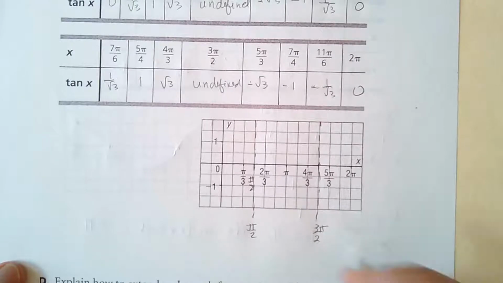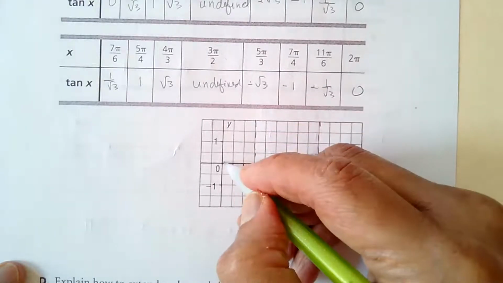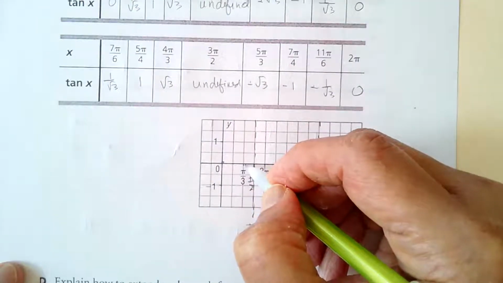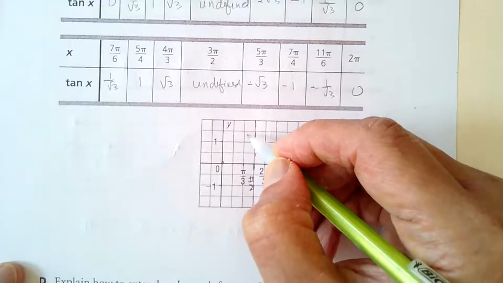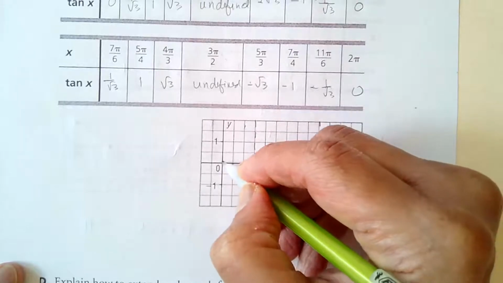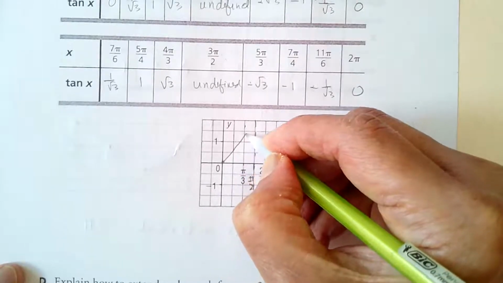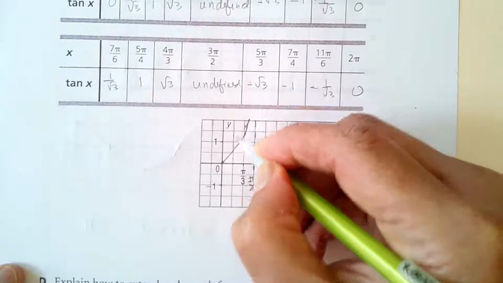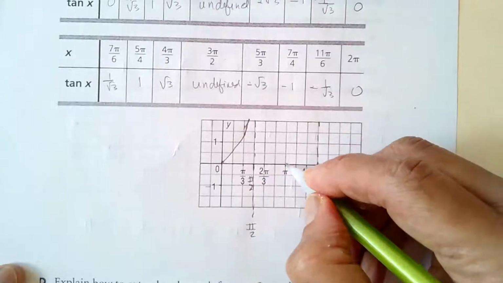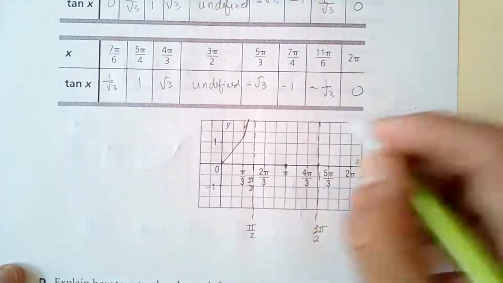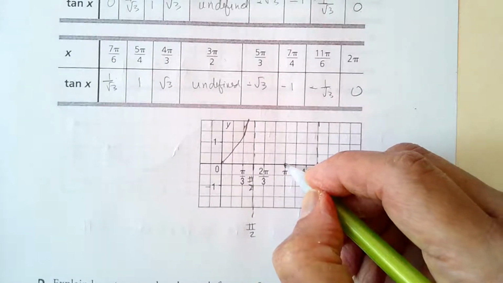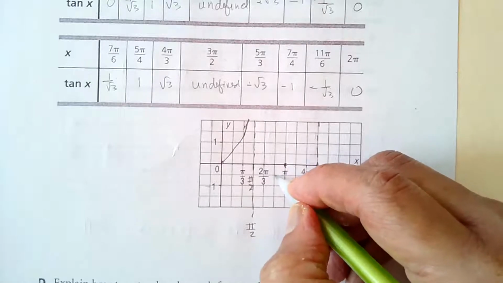So it's undefined. Now, if you go to x is 0, then we have 0, and pi over 3 is root 3. So now this goes on for just somewhere above here. So the graph goes up. And now it crosses at pi here, where y is 0. And then it goes down here.